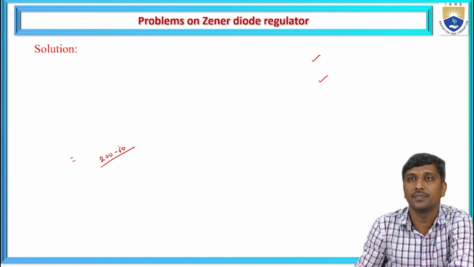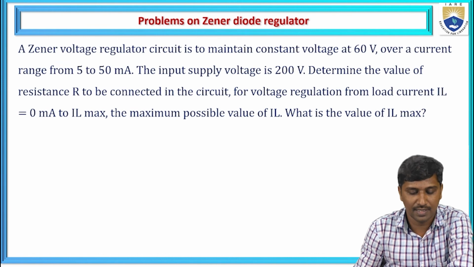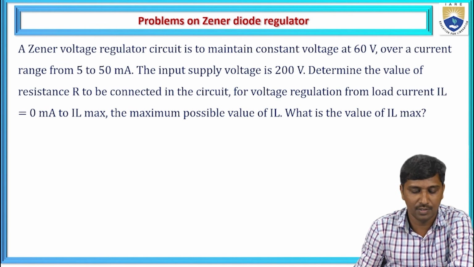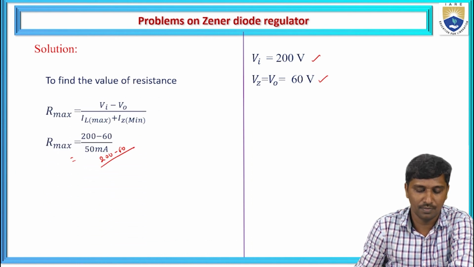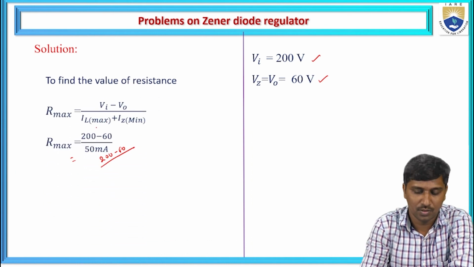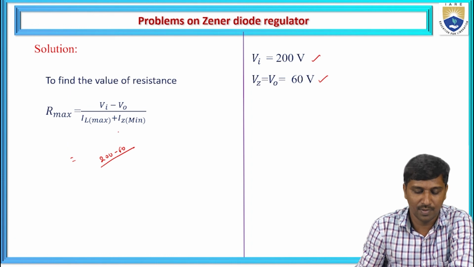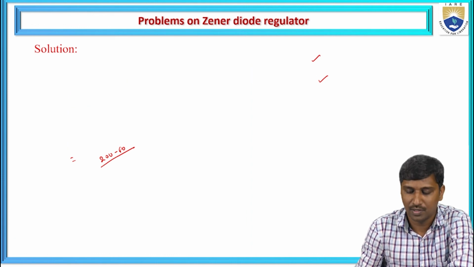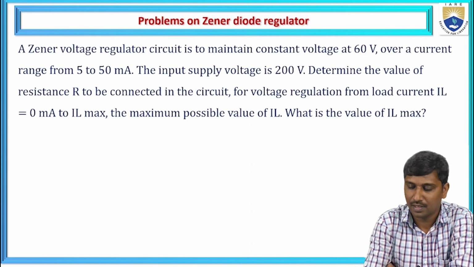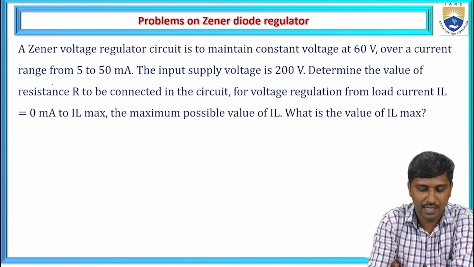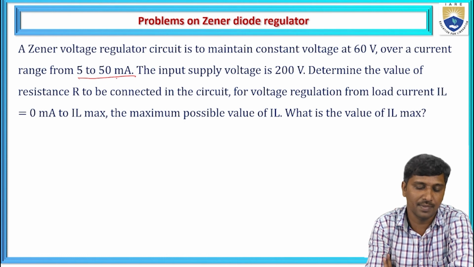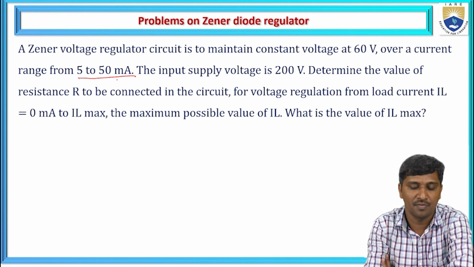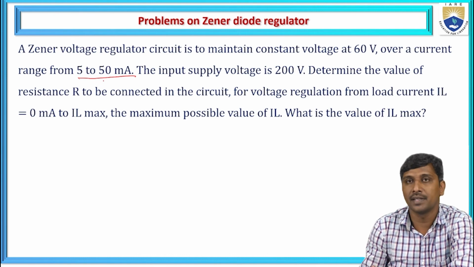In the given problem, the load current goes from 0 to IL maximum, so for R maximum the load current is 0. So what is IZ? The Zener current ranges from 5 to 50 milliamperes, that means the maximum Zener current is 50 milliamperes and the minimum Zener current is 5 milliamperes.